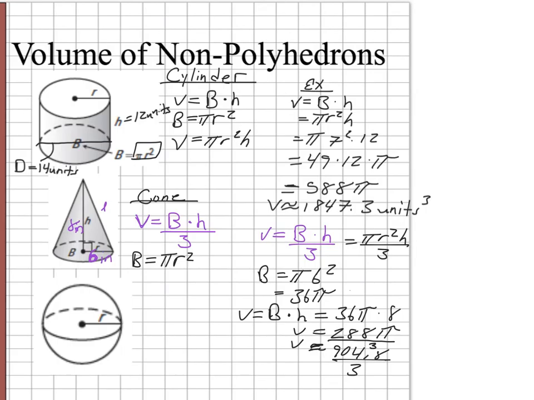And then divide that by 3, and we get our final of 301.6. And then I look at my units, inches, so that's going to be cubic inches. Inches to the 3rd power. Okay?